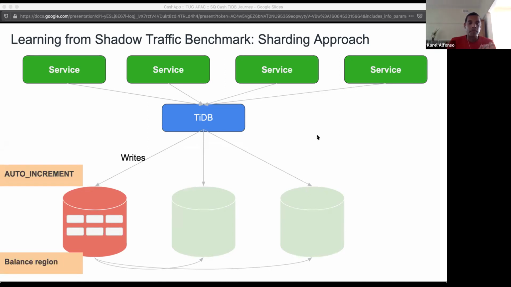When you use auto increment, because TiDB shards using range-based sharding, it can create hotspots or hot shards if the write path has very high load. We did run into this in some of our experiments, because some of the services that we're planning on moving to TiDB are synchronous RPC-based services that will have a higher rate of writes.